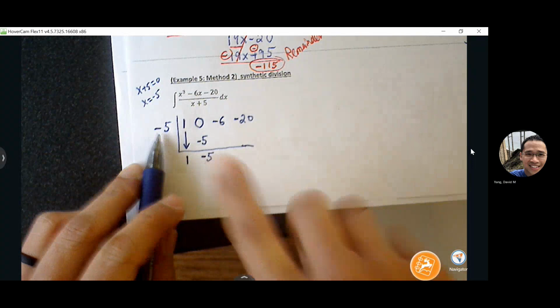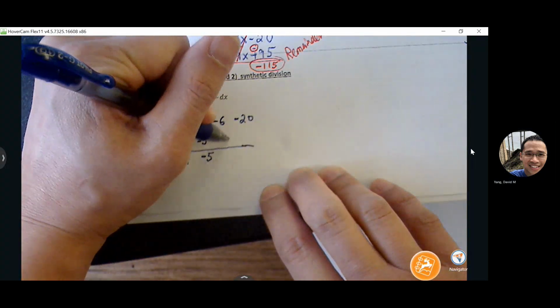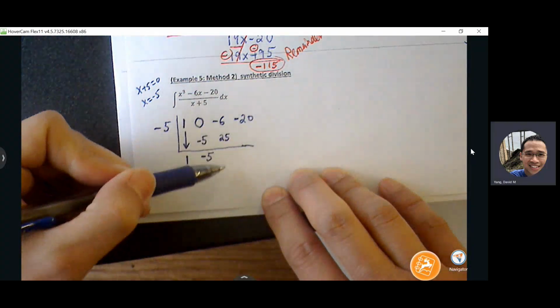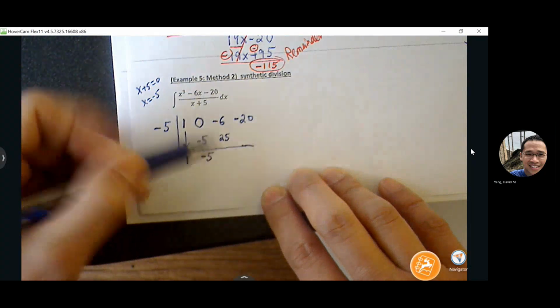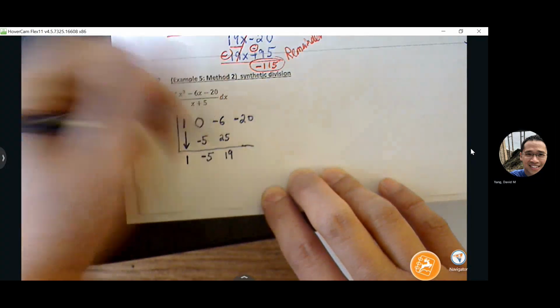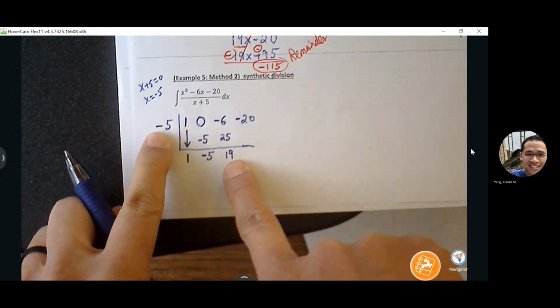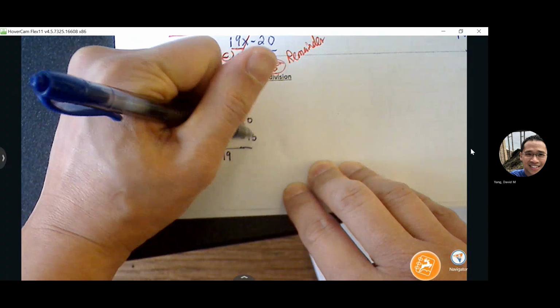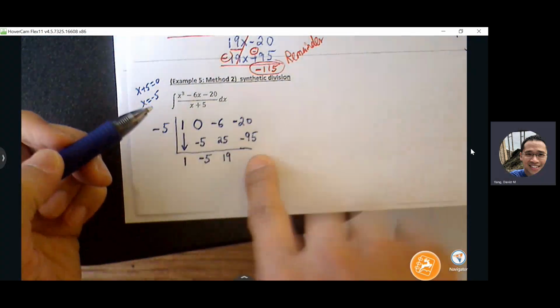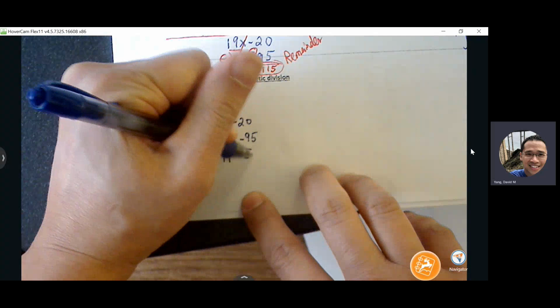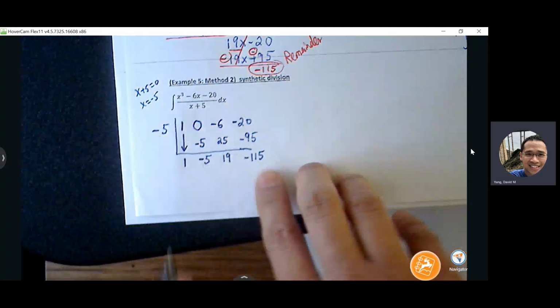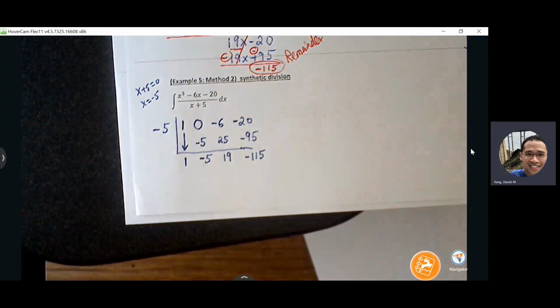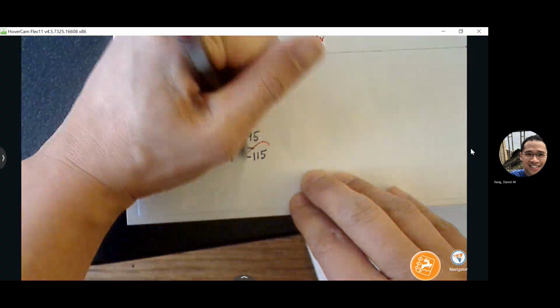We get 25. Add, 19. Multiply, -95. Add again, we get -115. Now, if the last number is 0, that means there's no remainder. But if the last number is anything other than 0, that means this is the remainder.